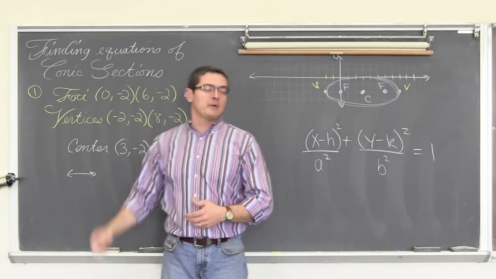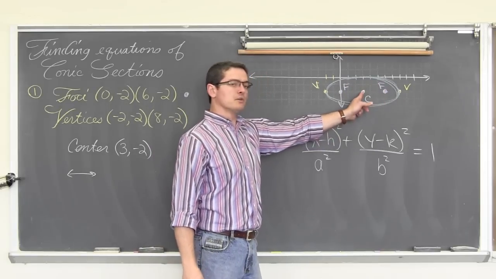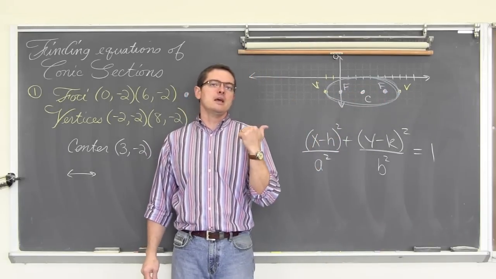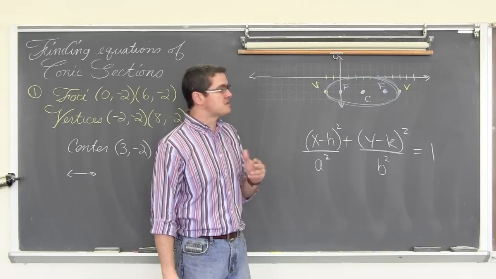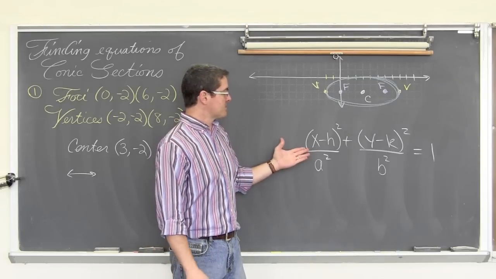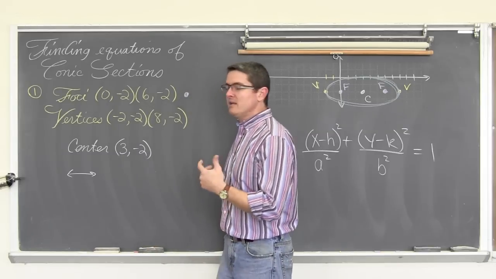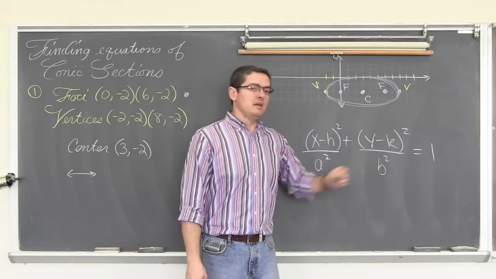So from the information given, we've been able to find the center. We looked at the orientation of the vertices and the focus points and realized that it's a horizontal ellipse. So thus we have the standard form set up that we're about to fill in. And we need to know what a is and what b is.